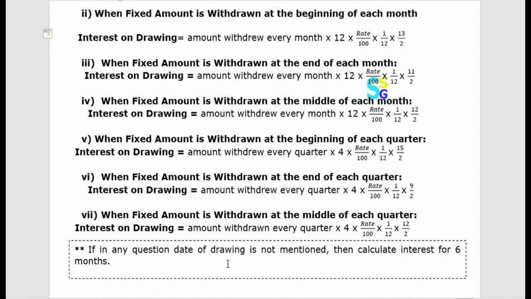I request that person who asked that question to please concentrate on this formula, where the amount is withdrawn at the middle of every month or every quarter, and try to find out why. If you get the answer, it is well and fine. Please inform me. If you have not got the answer, I will obviously tell you. So please try to find it out.